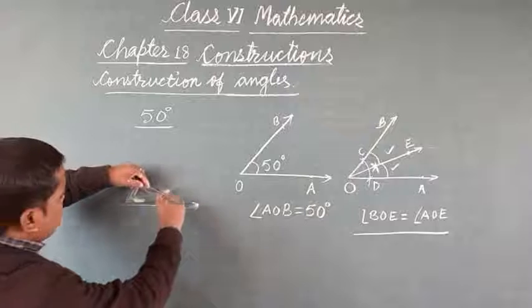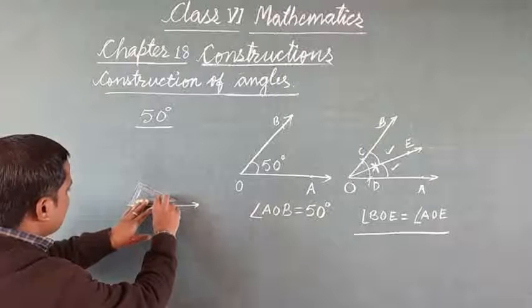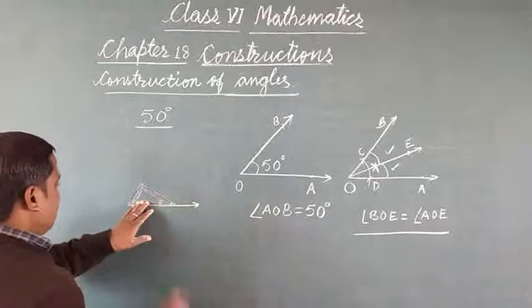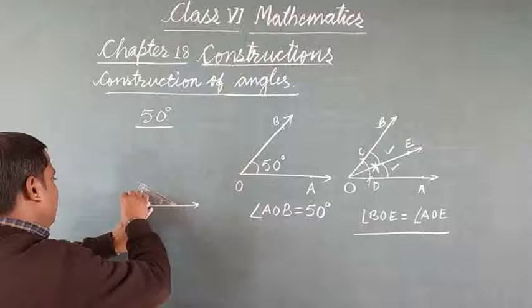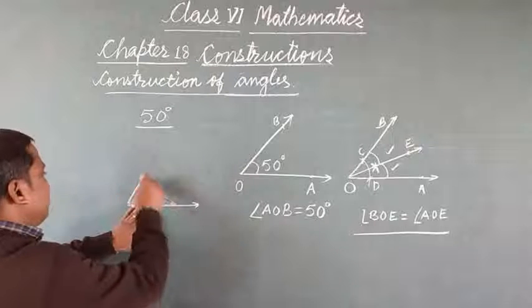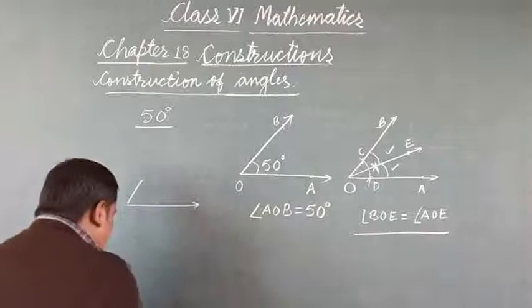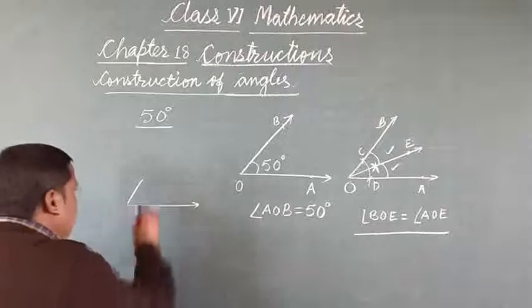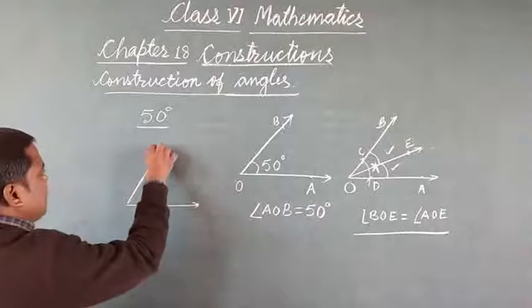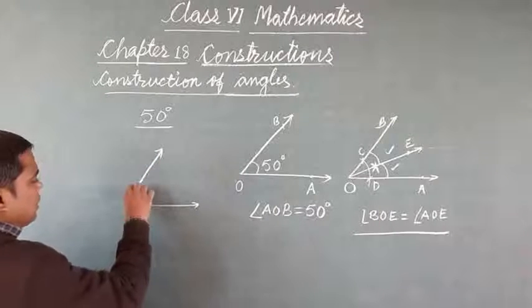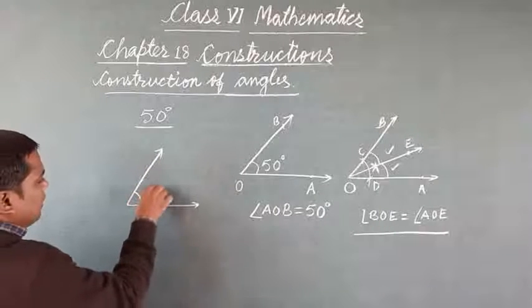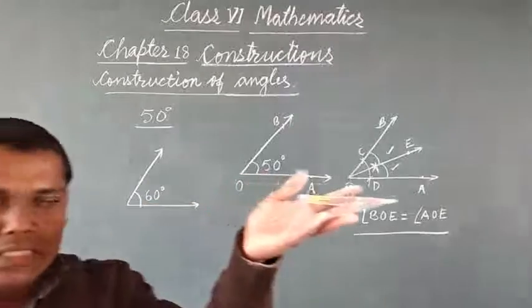This is the baseline. We will coincide it, and then alongside this we will draw a line segment, and we will extend it to make a ray. So here this is the angle of 60 degrees.